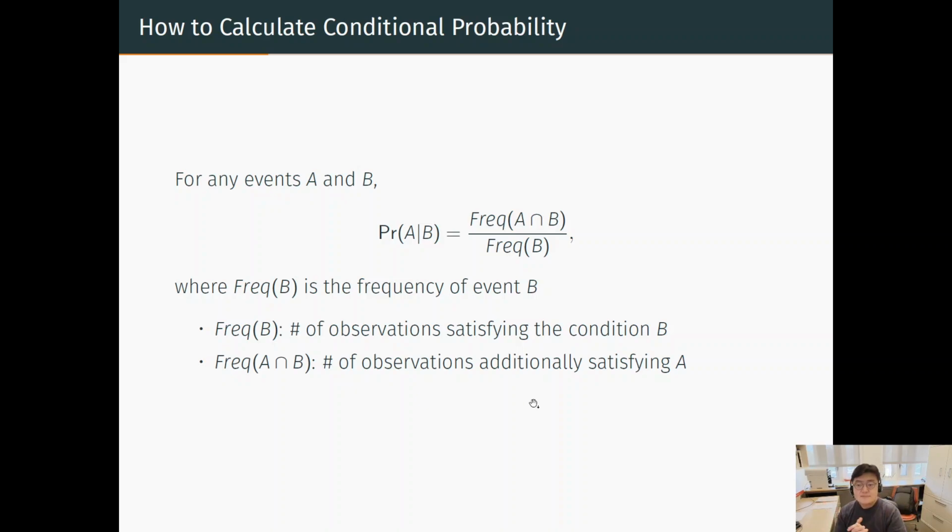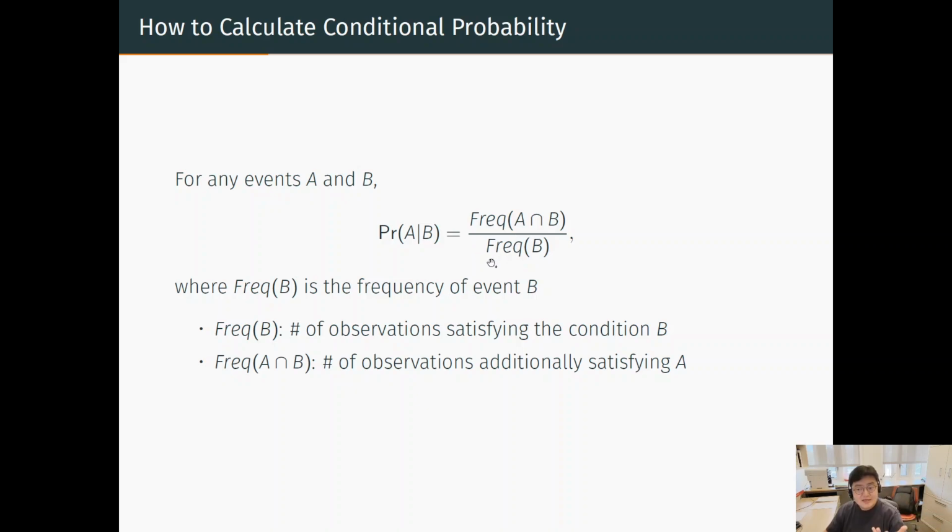So, general formula. I hope you get the intuition. It's not that difficult, right? But now as a teacher, I have to formulate that as a general formula, which is here. Probability A given B should be, first, the denominator must be the frequency of B. How many times B actually happened. Because all the other observations will be thrown away, right?